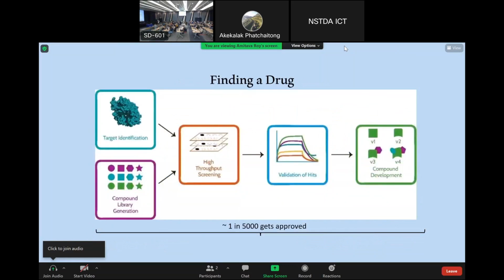And then you have your target, you create an assay where you blast through all these millions of compounds and see which one binds. That's called high throughput screening. It's an experimental screening. And then from then on, you follow the next steps, typically of the order 1 in 5,000 of the compound library that typically binds to the target.